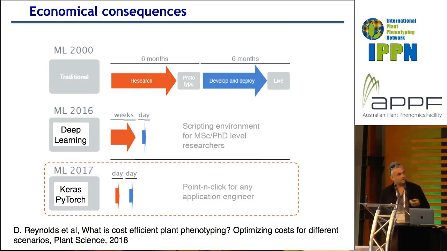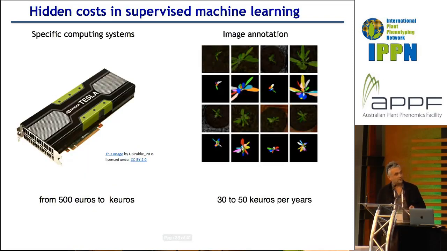However, there are some hidden costs in this supervised machine learning. Especially if you use deep learning, you will need some specific computer devices, such as graphical cards that can go from 50 euro to several kilo euros, depending on the time that you are ready to wait during the training phase.